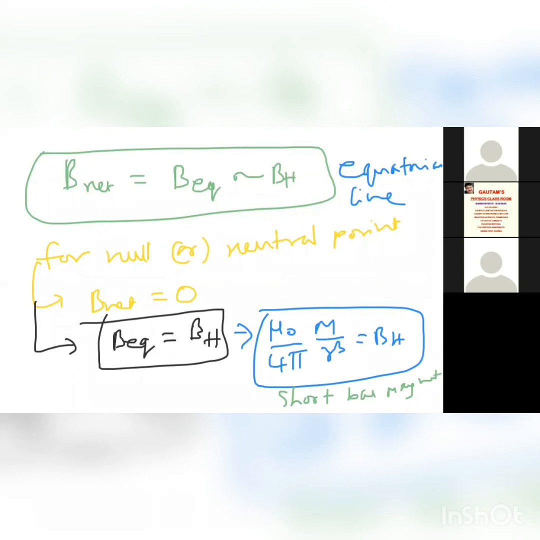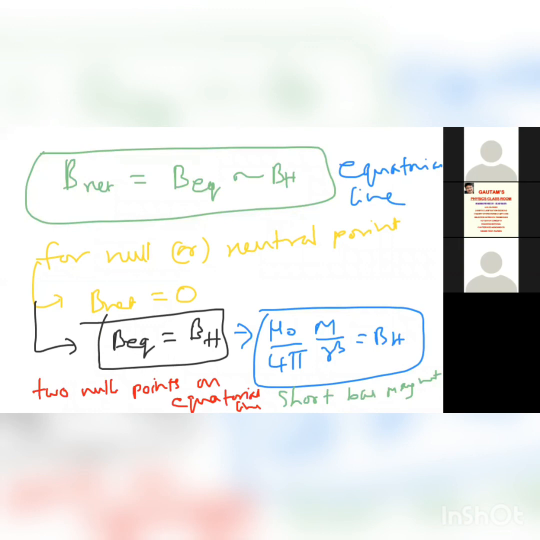How many null points do we have? We have totally two null points, on the equatorial line. This is the information.